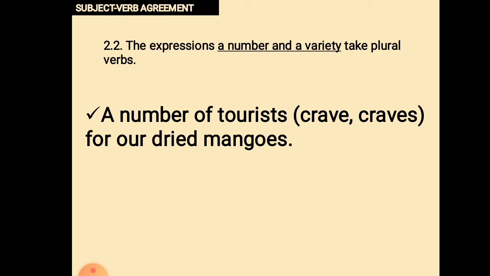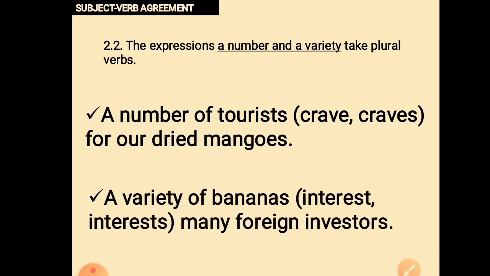Okay? Same example. A variety of bananas interests many foreign investors. So in this sentence, we have noticed as well that there is an expression of variety.